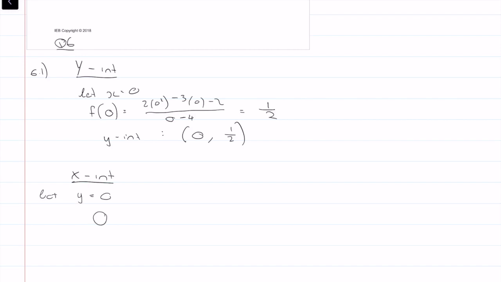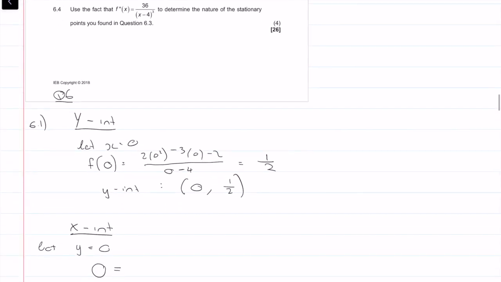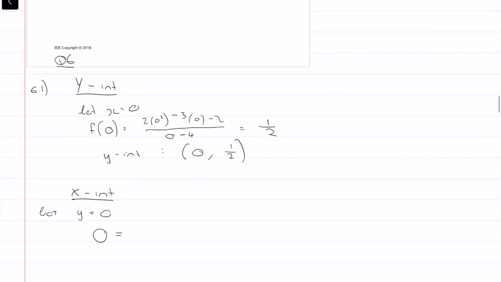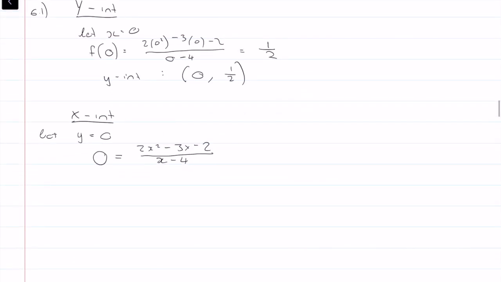So we have 0 is now equal to 2x squared minus 3x minus 2 all over x minus 4. We don't have to worry about the denominator, we just have to worry about the numerator, which is 2x squared minus 3x minus 2 is equal to 0.